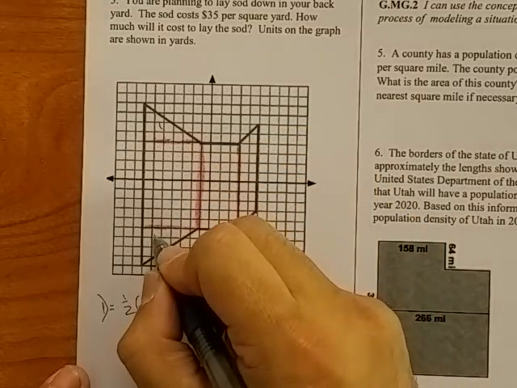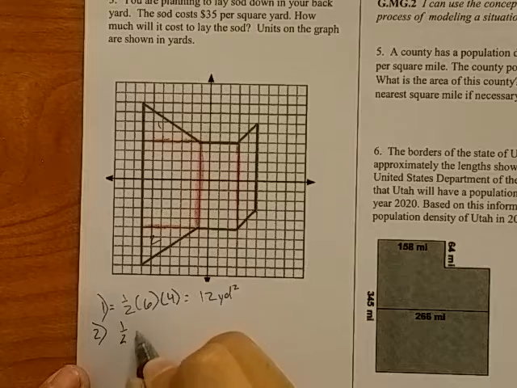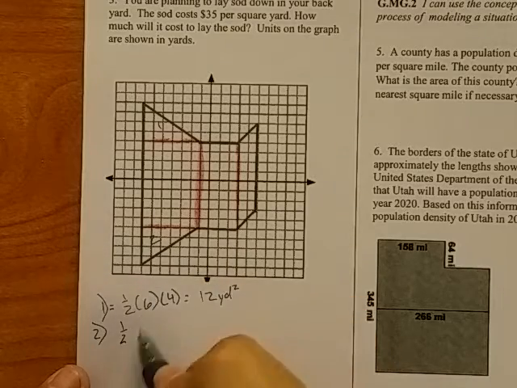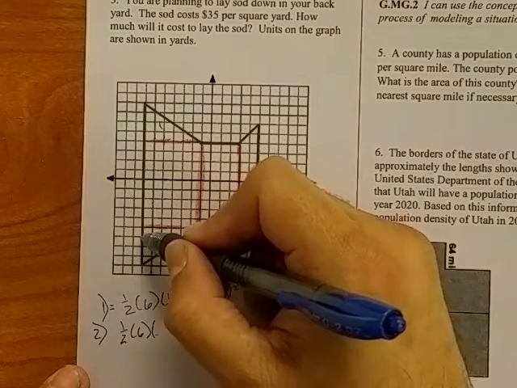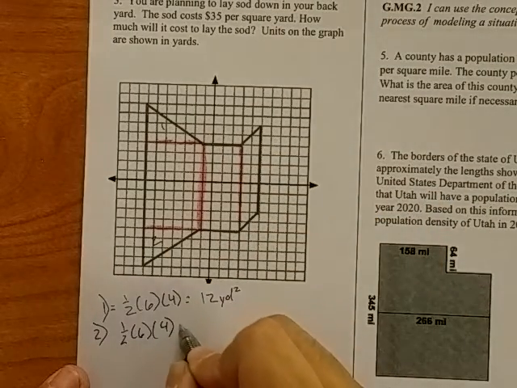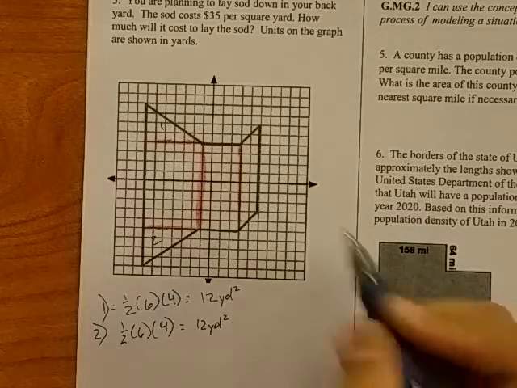Number 2, which is right here, that's going to be 1/2. It's another triangle. The base is going to be 6. The height is going to be 1, 2, 3, 4. So that's going to be 12 yards squared.